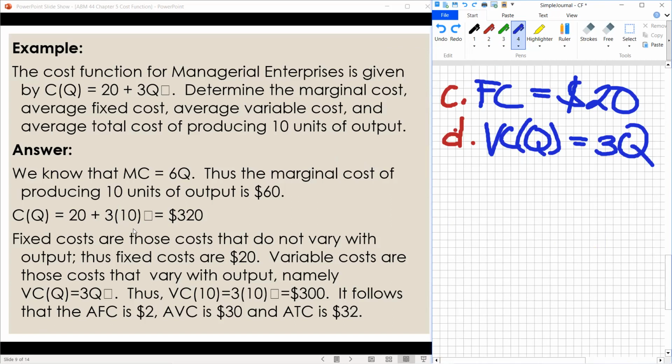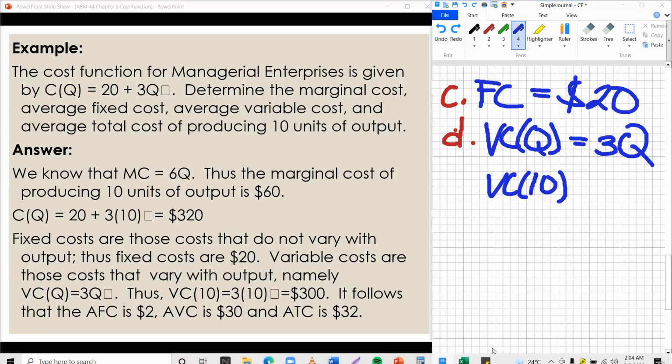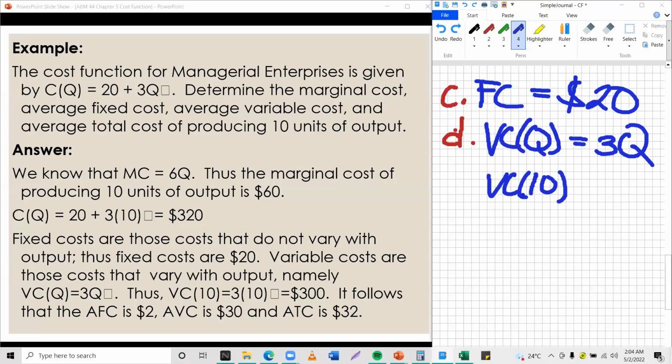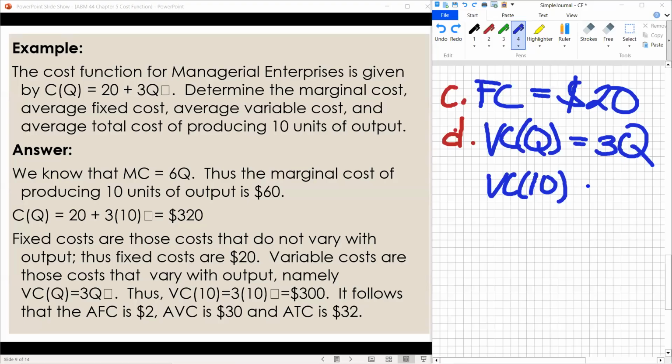So thus at VC of 10, okay, VC of 10 is equal to 3 times 10.